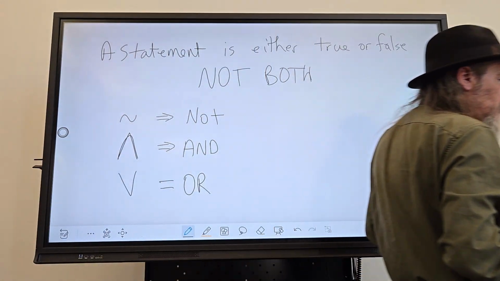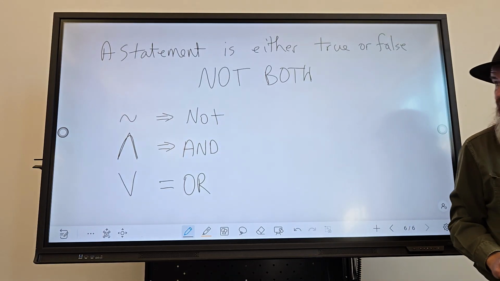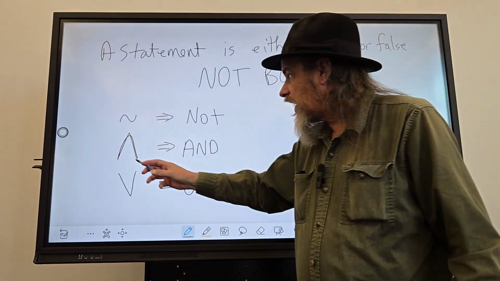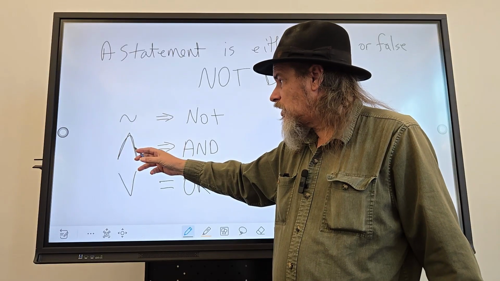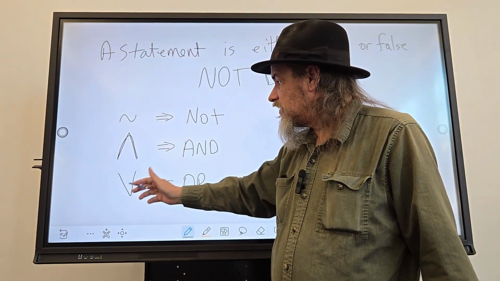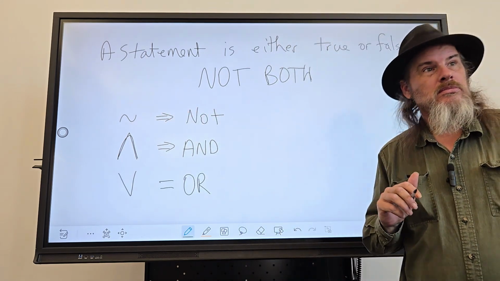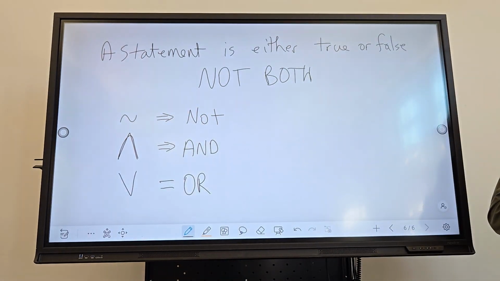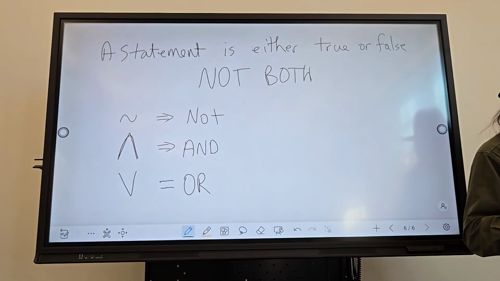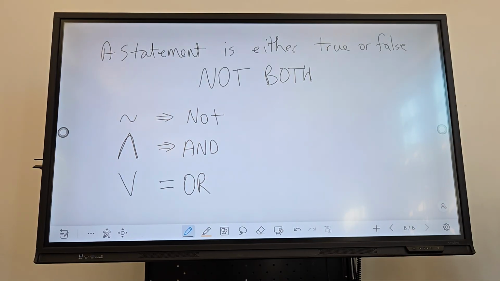Easiest way to remember this is the symbol for and looks like an A without a crossbar, and the symbol for or is the other one. So just remember which one is the and. The or is the other one.